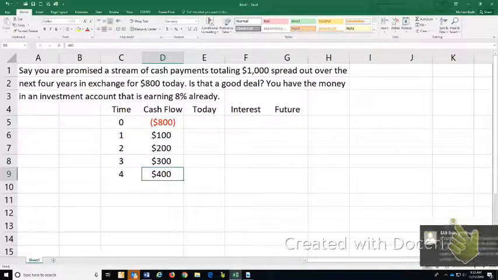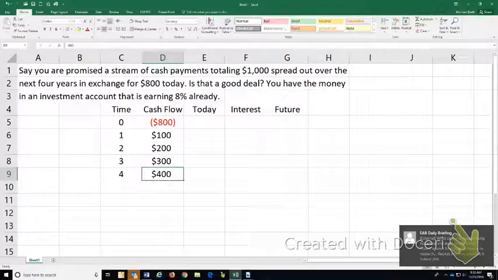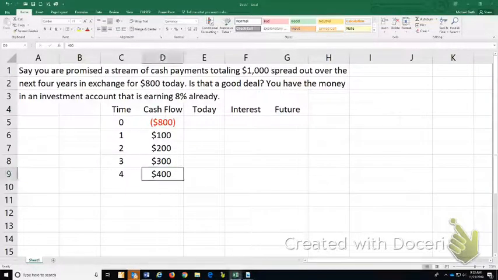All right, so the first thing that I want to do is illustrate this concept of present value. Obviously, since I can earn interest on money today, if I took the 800 out and gave it to this other person, I wouldn't be earning 8% on it. So the opportunity cost is 8%. I can figure out what the value of $100 a year from now would be if I just left the money in there at 8%.